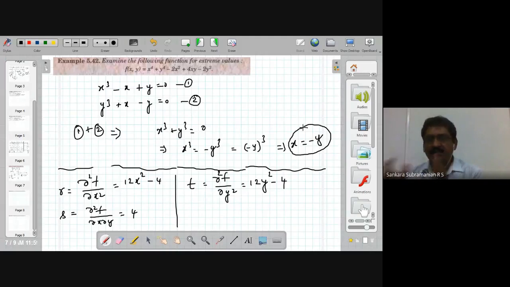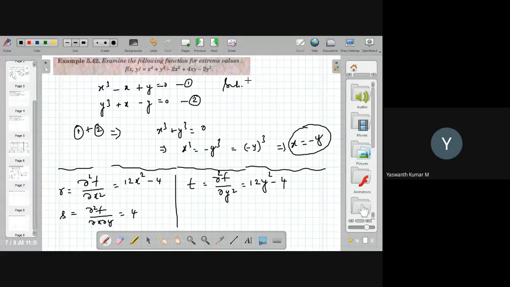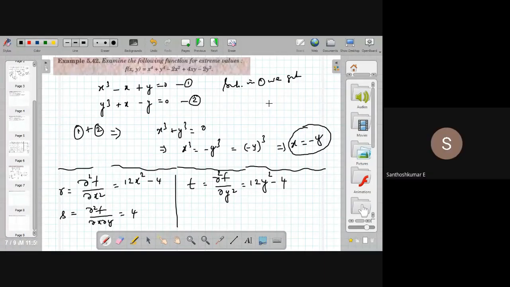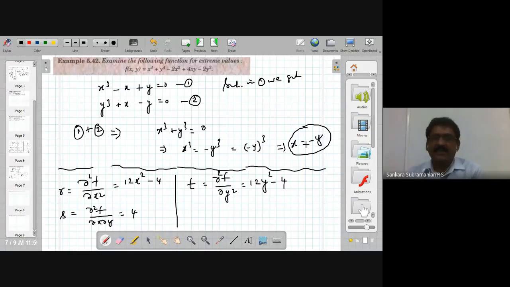I know that x and y they are equal and opposite in magnitude, but I want to find that value. என்ன வேணாலும் இருக்கலாமா அப்படினா இருக்க முடியாது. So you can either substitute in equation 1 or 2. So substituting in equation 1 we get, okay, x இருக்கிற இடத்துல minus y போடணும்.